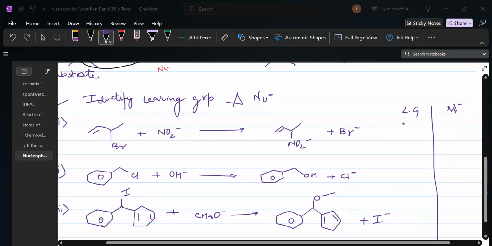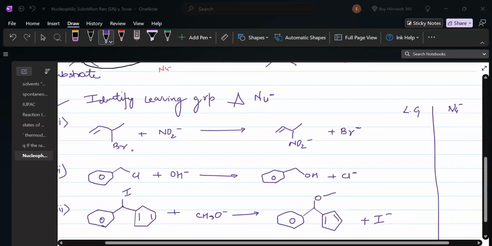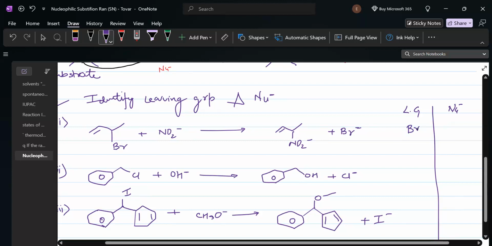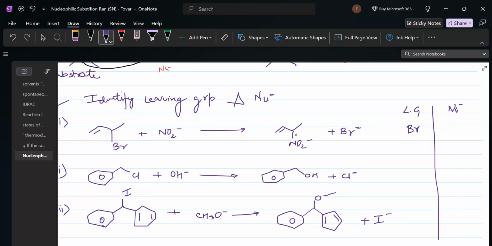So first one, the leaving group. We will see that in the substrate, bromine is not present in the final product. So bromine has left this carbon. So the leaving group is bromine. Is it correct for you, Mariam? Yes, sir.